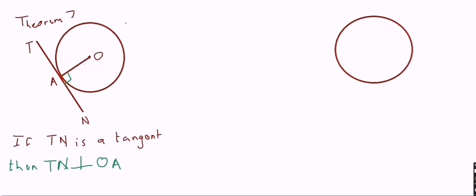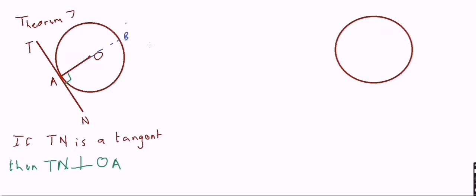Sometimes this line might not just be a radius, it might be a diameter. So we can also say, if there's an extension here, let me use a blue color, if there's an extension, then this is a diameter. I'm going to call this B. So it means BA is perpendicular to TN.